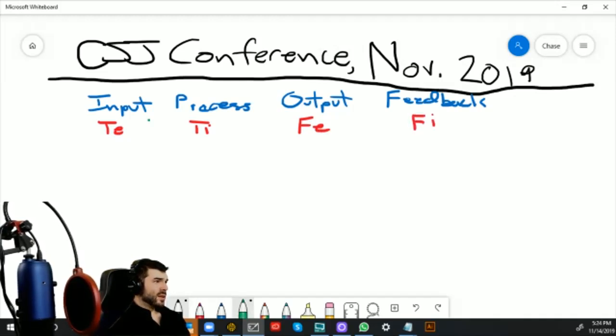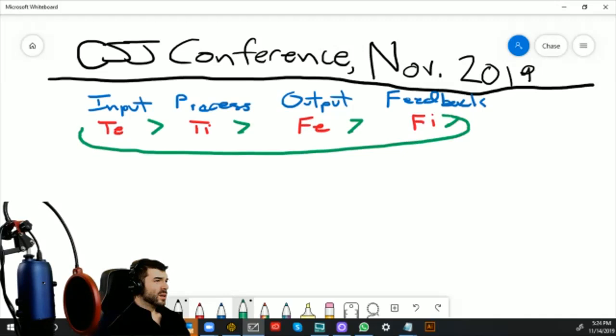And then it goes like this, basically. That's the loop. That is the process in terms of how information flows through our decision-making cognitive functions.